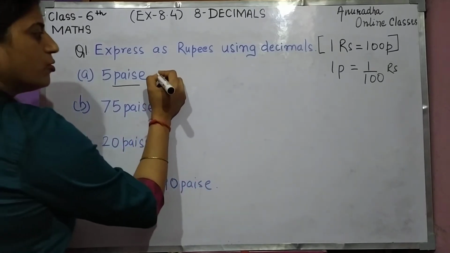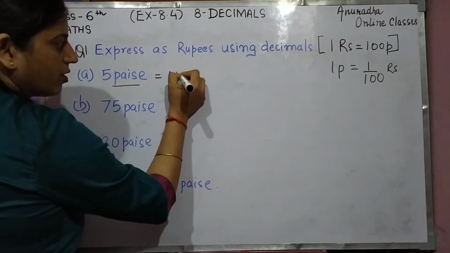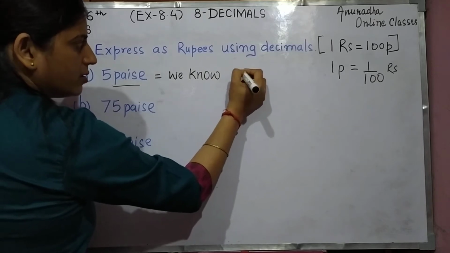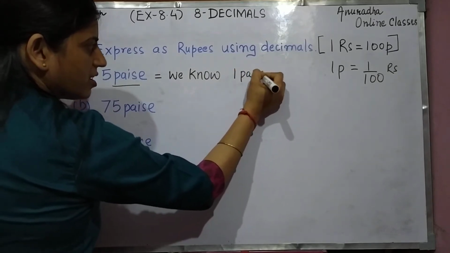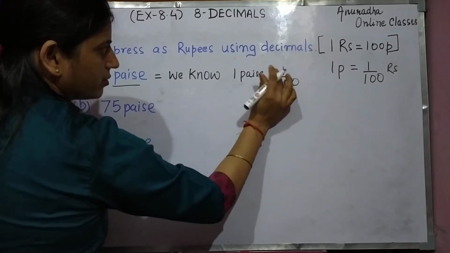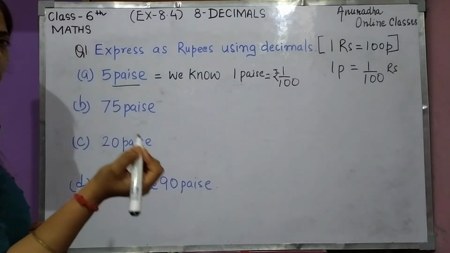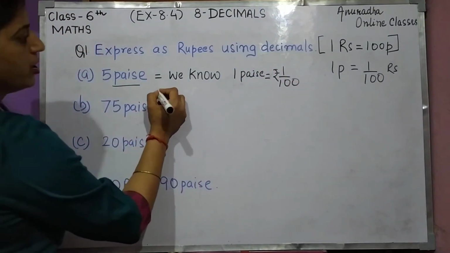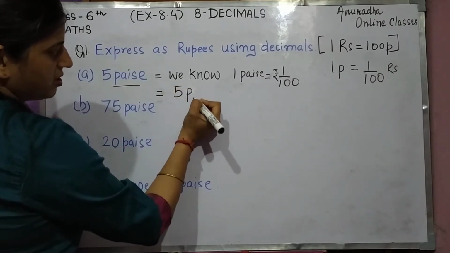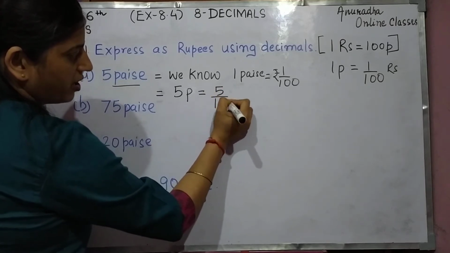See, so you have to write over here what we know. We know 1 paisa is equal to 1 upon 100. This also write down, rupees. Rupees 1 upon 100. So what we have to do? We have to do here 5 paisa. 5 paisa is equal to what? 5 upon 100.